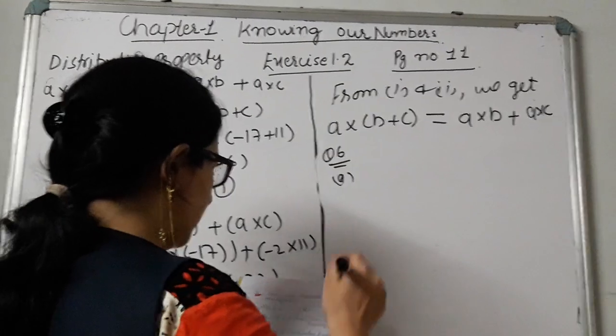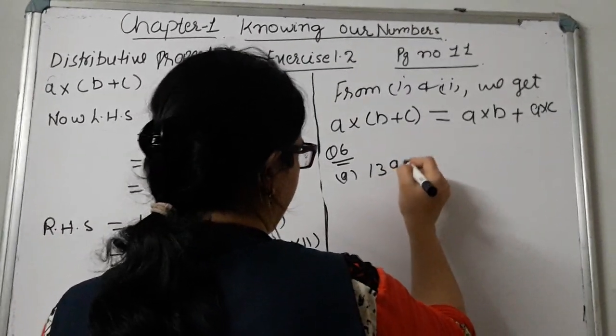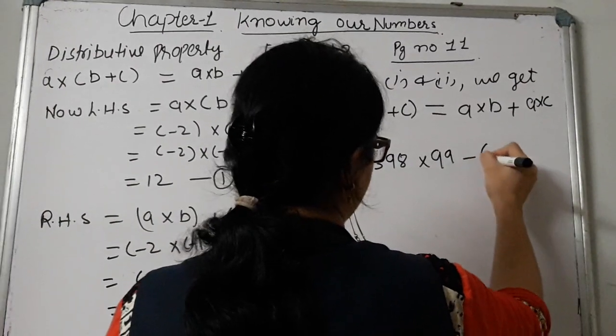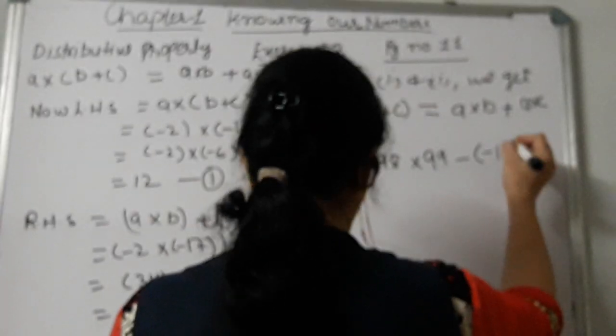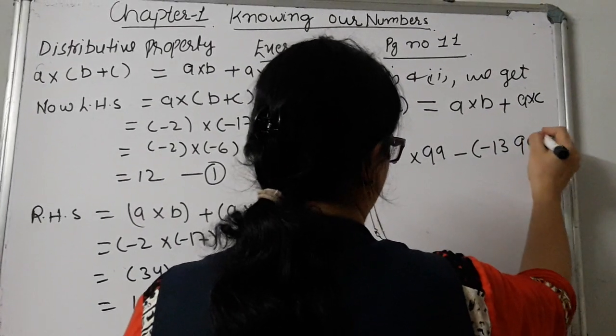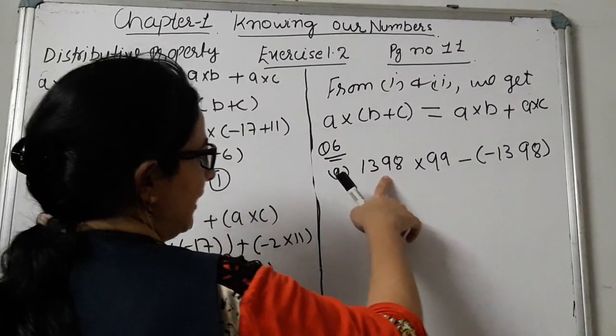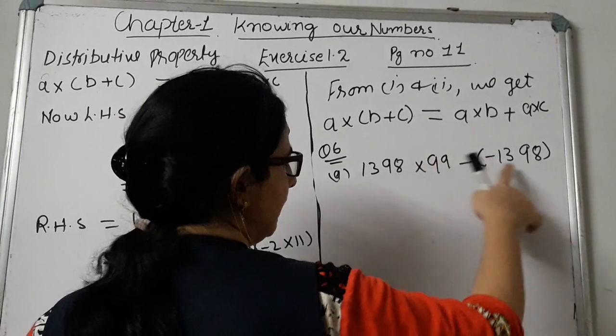First question is 1398 into 99 plus 1398. If you see here 1398, 1398, something is common.